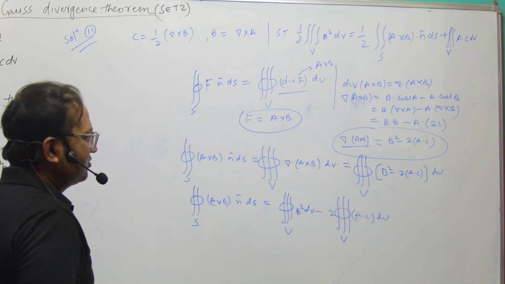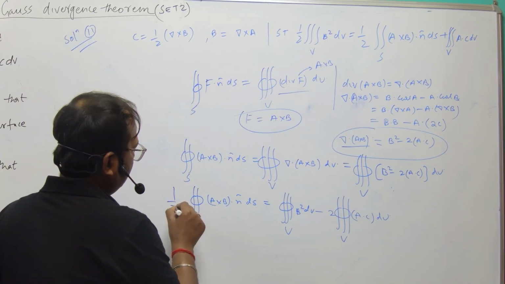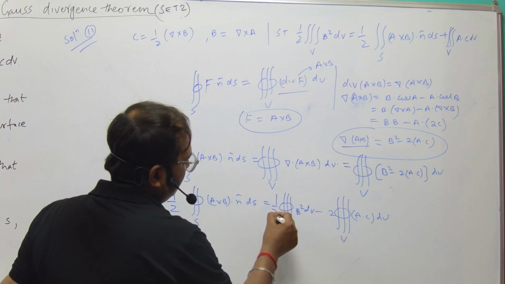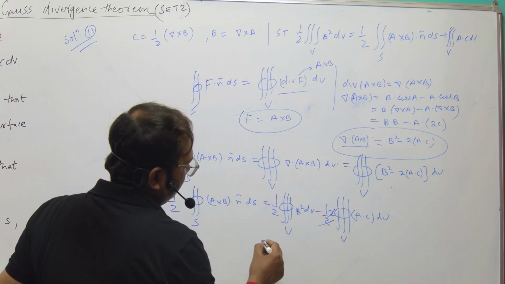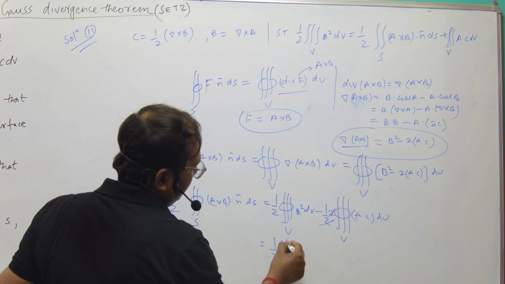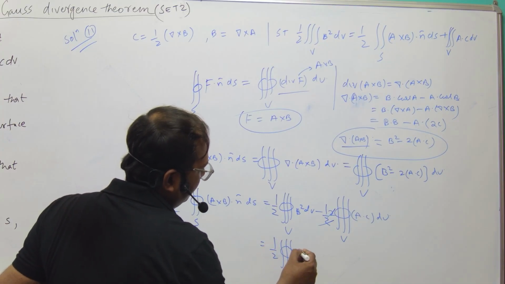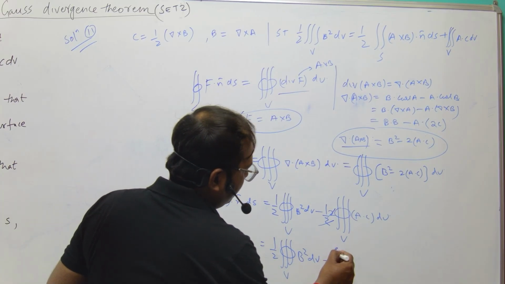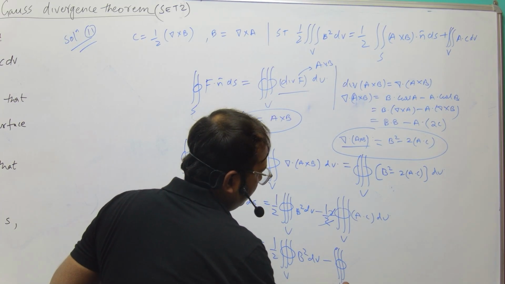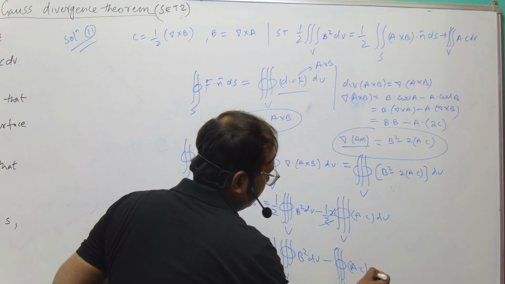Now let us multiply half on both sides. So this 2 gets cancelled, and this is equal to half of triple integration along the volume V, B square dV, minus triple integration along the volume V, A dot C dV.